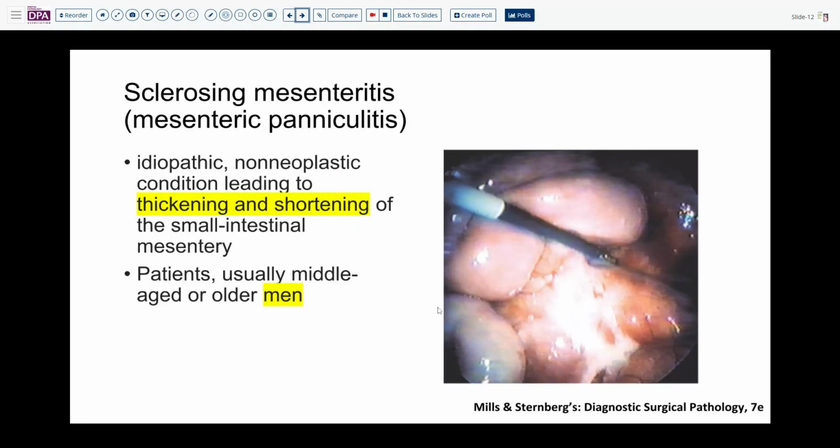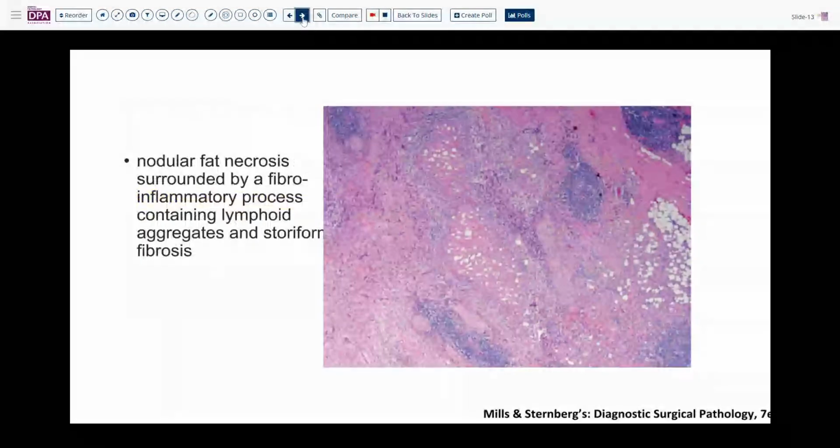You should remember this entity is related to older males, because we have another entity where we may see the same microscopic finding, but more commonly in females.